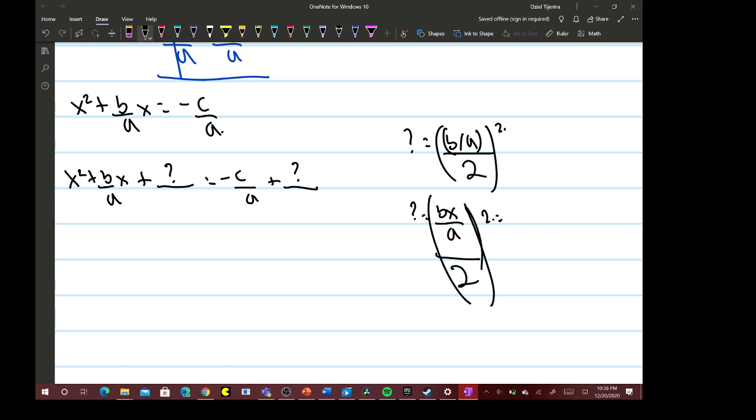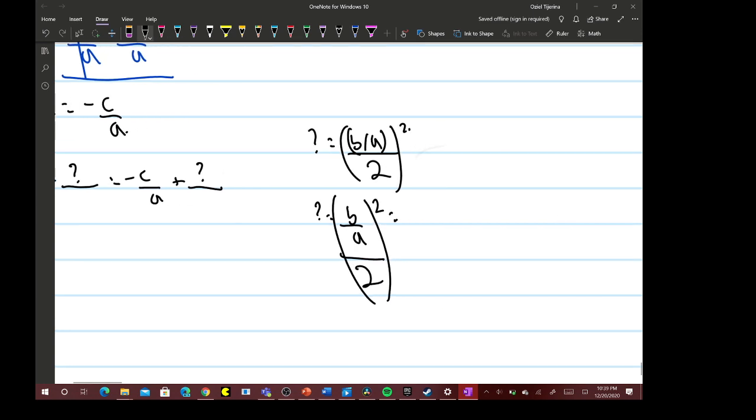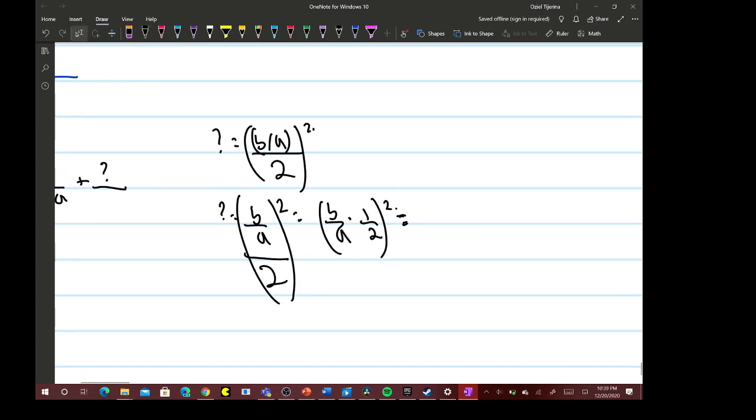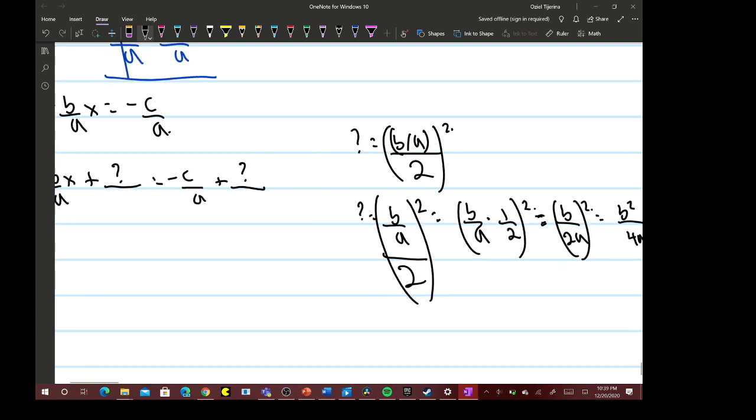And so then what you would do is you would say b over a over 2 squared, which is equal to b over a times 1 over 2 squared, which is equal to b over 2a quantity squared, which is b squared over 4a squared.